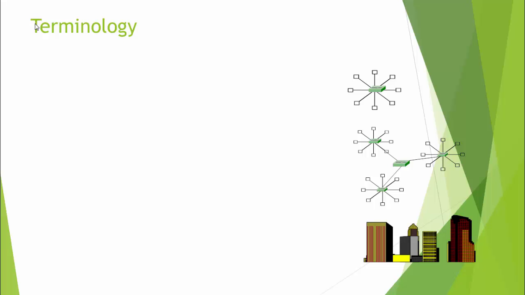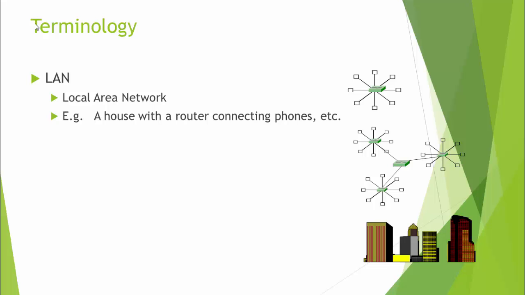Now, depending on how dispersed the user base is, this will establish what kind of network we need. The networks we tend to experience day to day are, in fact, a local area network, where some computers are connected by a device like a switch or a router. So you have a LAN probably in your home.